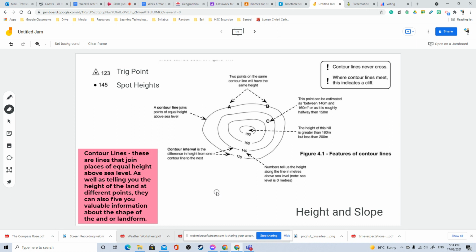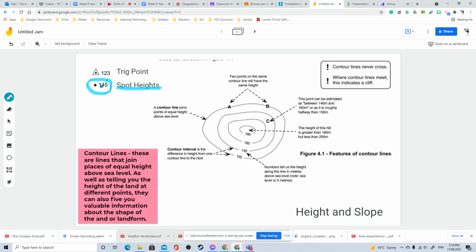All right, so firstly, we identify high points by the use of what we call spot heights. That's these here. A spot height is indicated by a dot and a number after it. What that indicates is the number of meters above sea level that the mountaintop is.